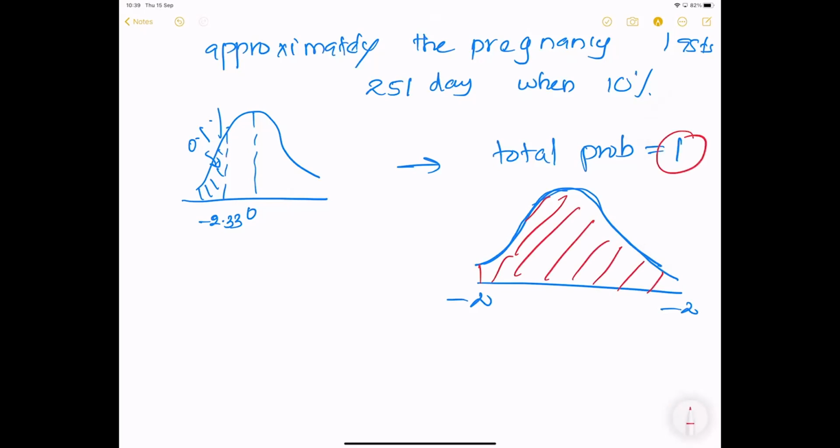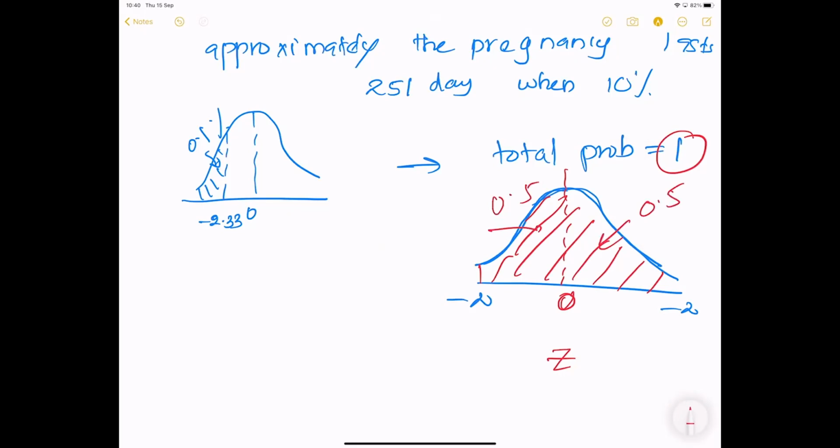Therefore, if we divide the standard normal graph correctly into two parts by using the mean value, and the total probability equals 1, this part should be 0.5 and this one should be 0.5, right?